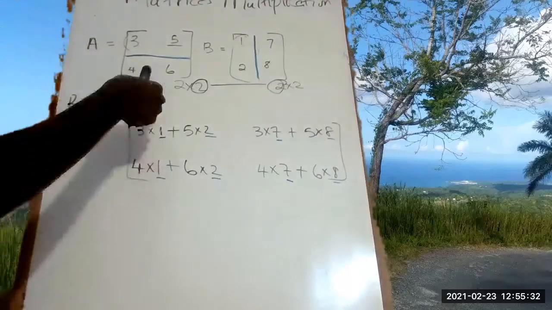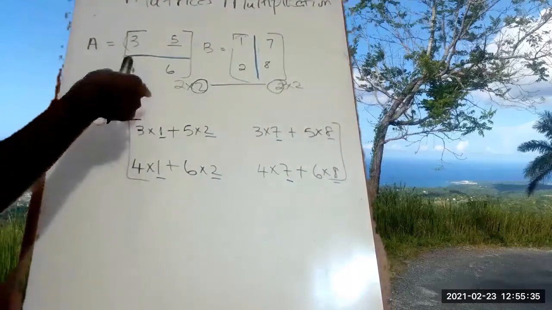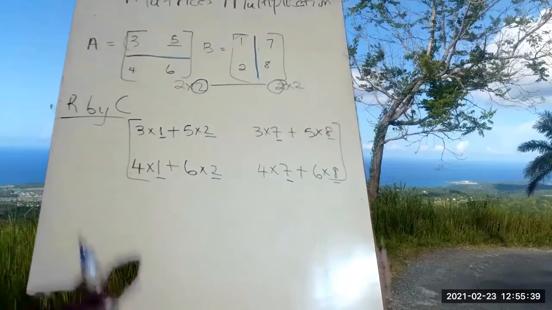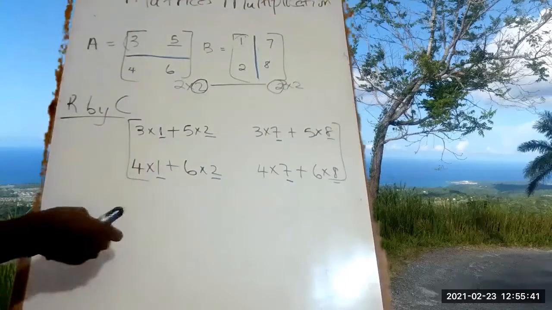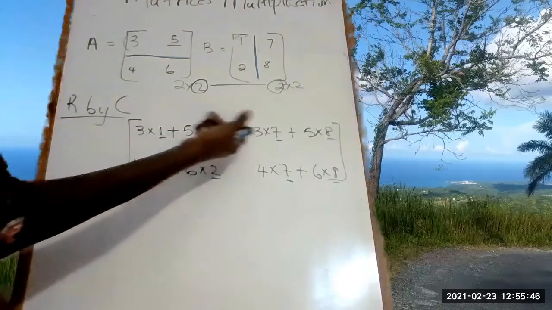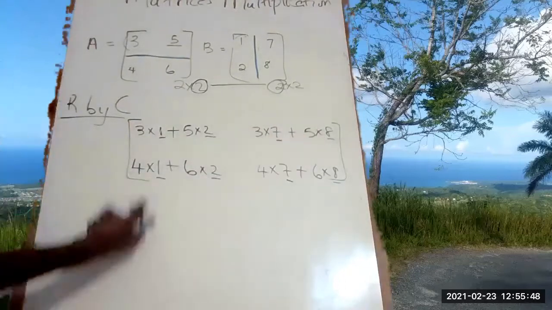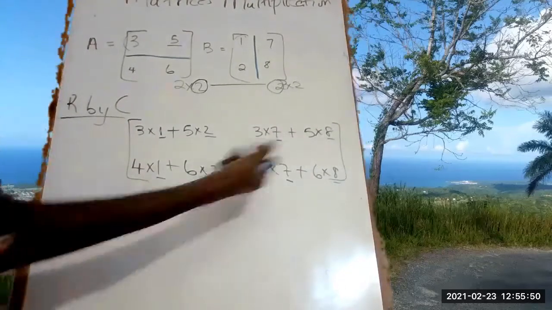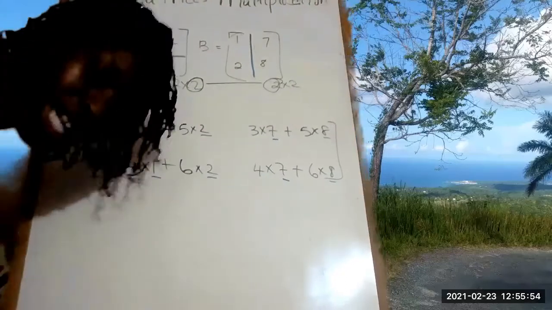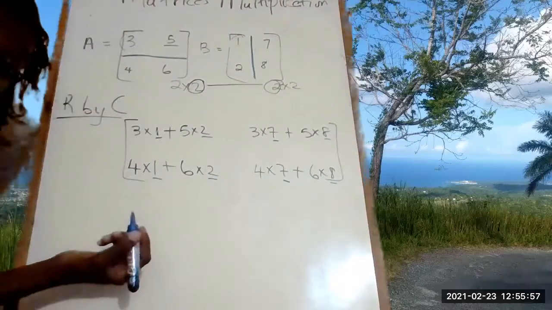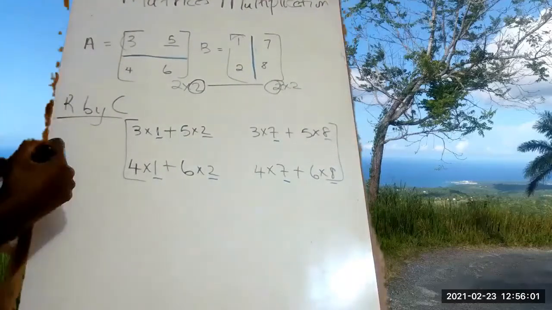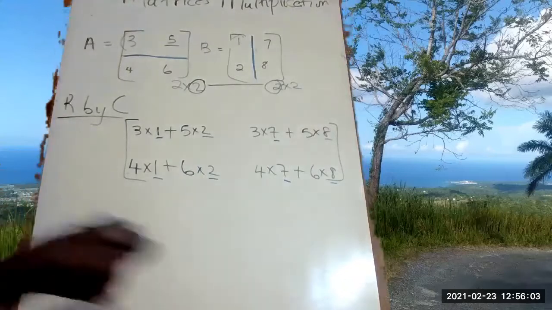So the numbers in the same column are the same. And you can say that the first digits in the rows are the same. So 3 is here, 3 is there, 5 is here, 5 is there, 4 is here, 4 is there, 6 is here, 6 is there. Hope you're seeing it. And don't worry if you don't get it the first time, you can watch the video again and slow it down and pause, right? And then now you can proceed to simplify.